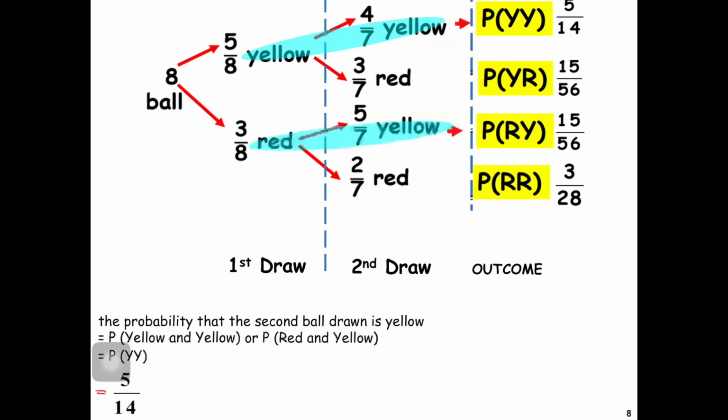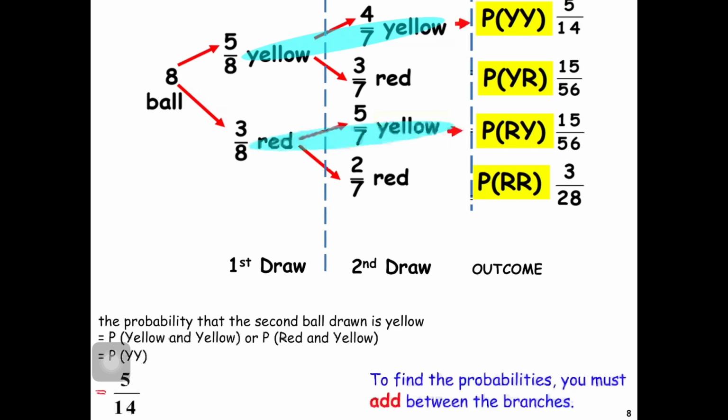So the outcome probability is probability RY, and then we remember that to find the probability you must add between the branches. It means that plus probability RY, red, yellow. So the value over there is 15/56. So add between the branches, sum it up, you will get 5/8.